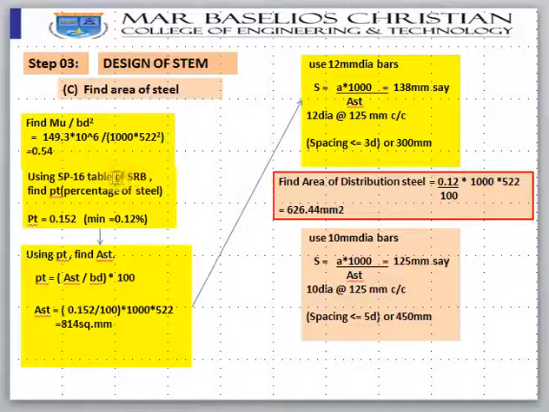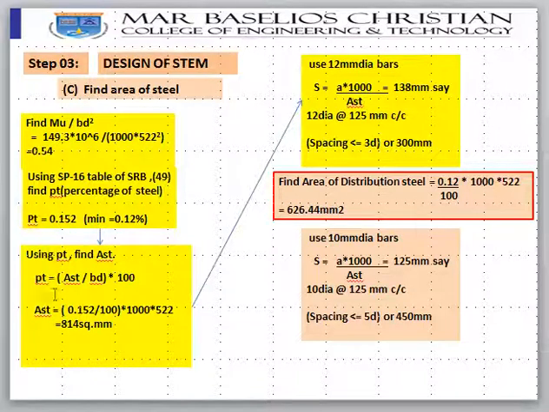Using SP16 table for singly reinforced beam, it is around page number 49. You will get pt is equal to 0.152. Our minimum is 0.12%, so we are higher than that, safer side.